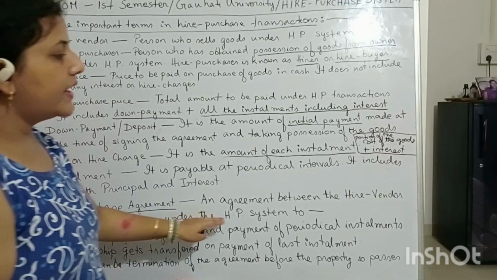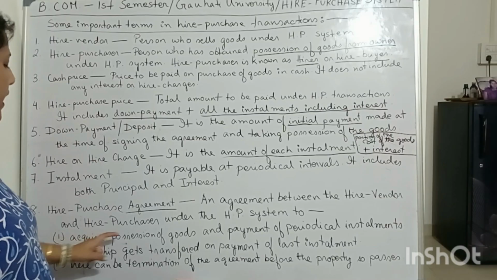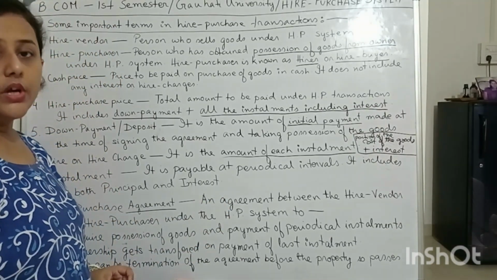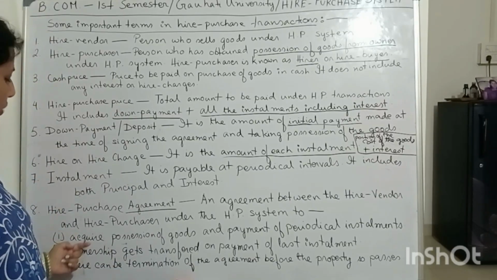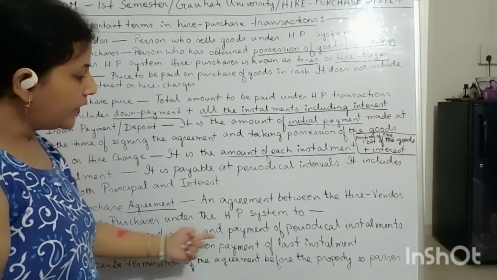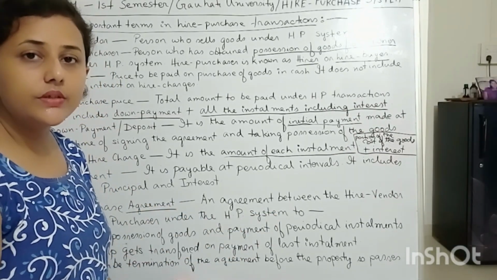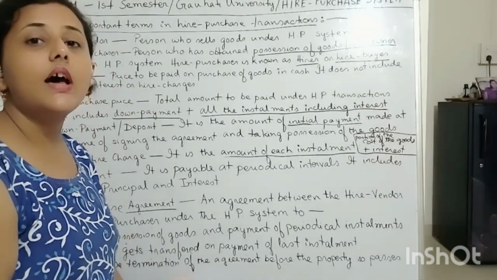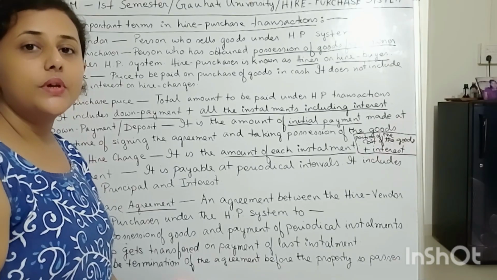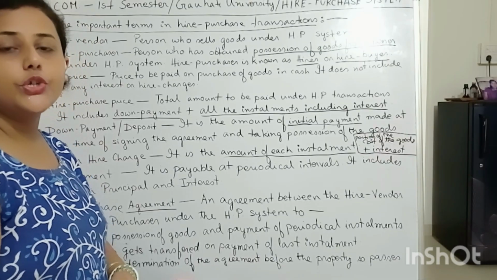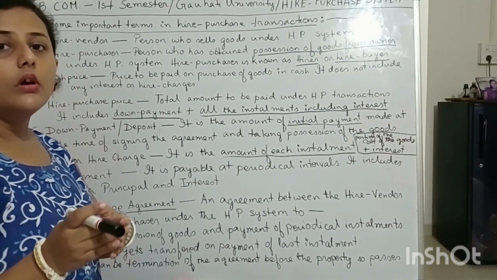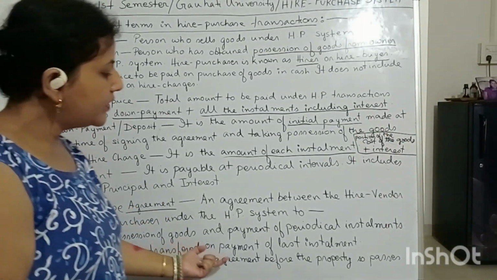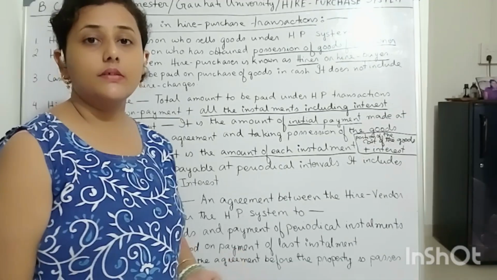It is an agreement between the hire vendor and hire purchaser under the hire purchase system. Remember these 3 points: to acquire possession of goods and payment of periodical installments. Ownership gets transferred on payment of last installment. After the payment of the last installment, the ownership will get transferred from the vendor to the purchaser. There can be termination of the agreement before the property so passes.